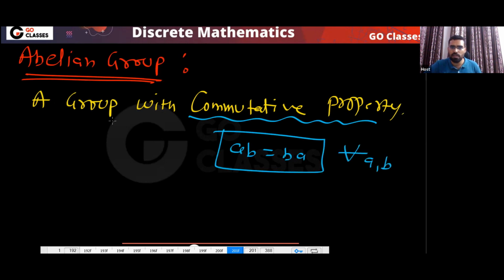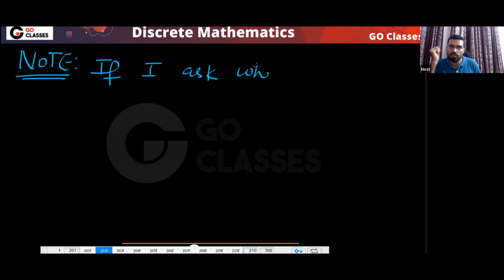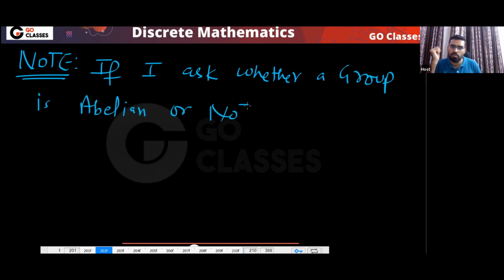So this is the idea. Now remember, this is what you need to do. If I ask whether a group is abelian or not, then what is your target?